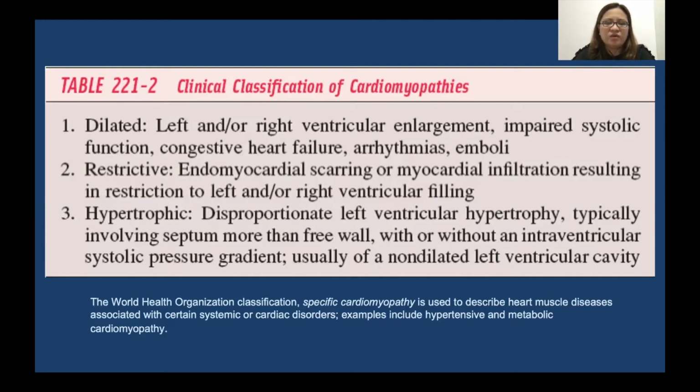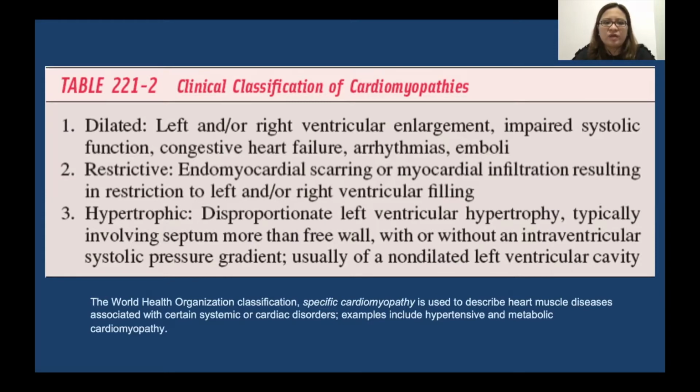In restrictive cardiomyopathy, there is endomyocardial scarring or myocardial infiltration resulting in restriction to the left and or the right ventricular filling.